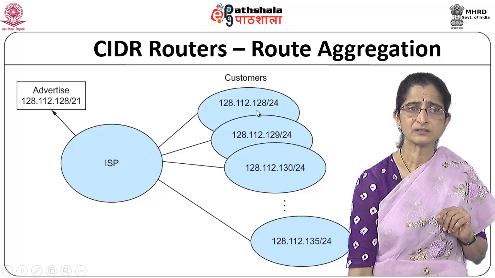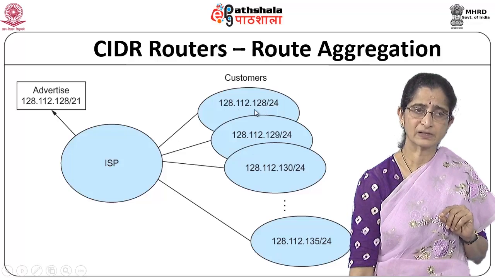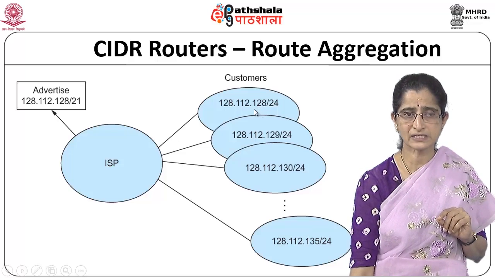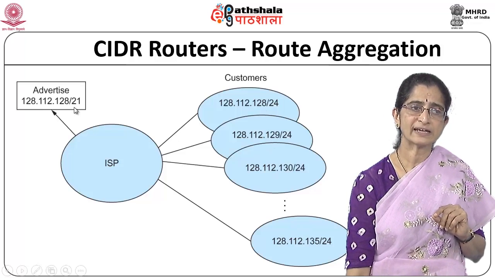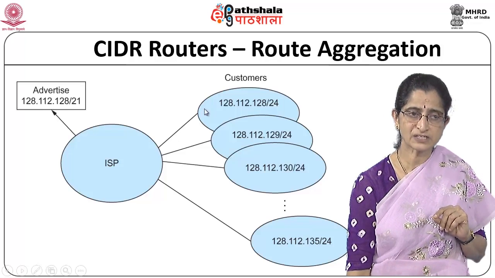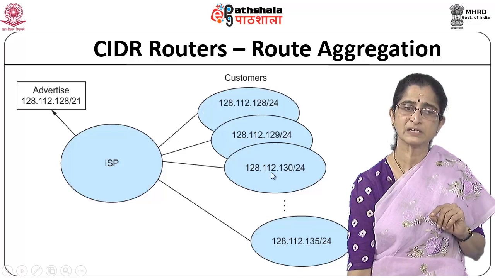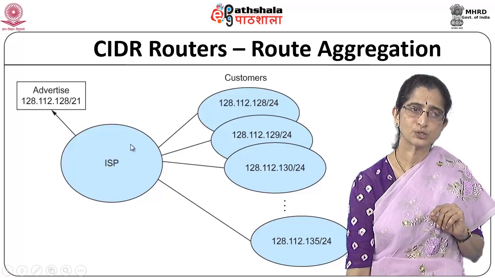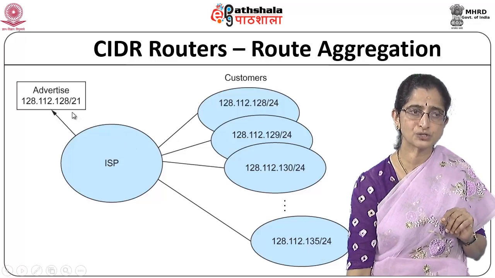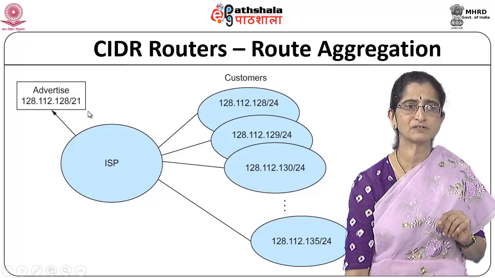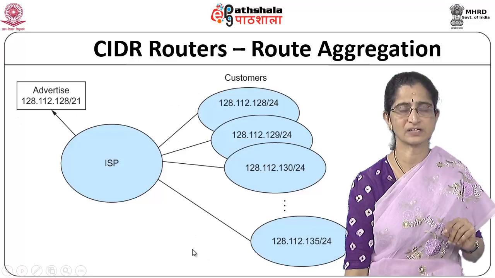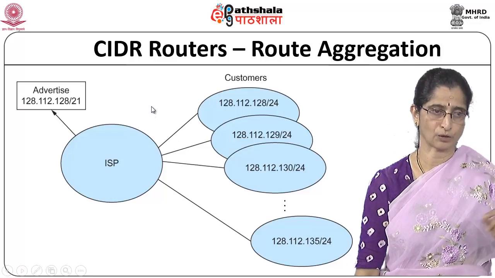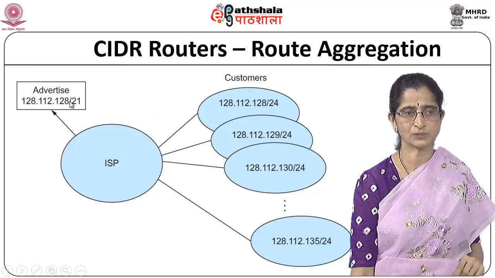So the last 3 bits of this address are where they differ, and the first 5 bits of this part will be common in all of them. Those last 3 bits are masked out, and you choose only the first 21 bits, which are the common part of the address, and use that to identify all these networks as belonging to a single block. That is what we are able to specify using this.